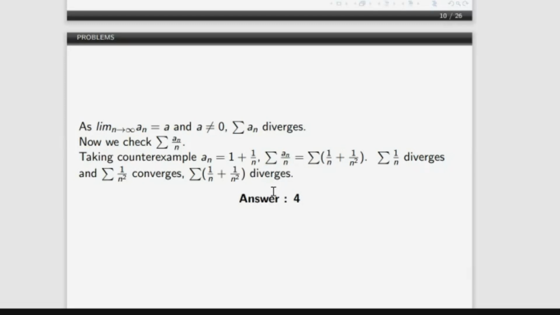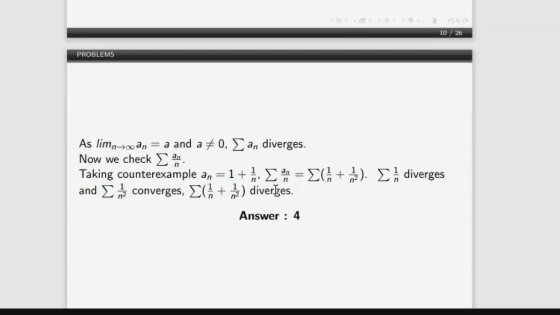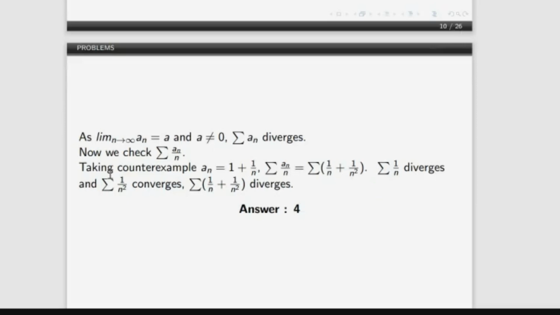Or when we go to the theoretical side, we take the limit of this term. Sorry, we have to take it as in the limit comparison test, with 1 by n.